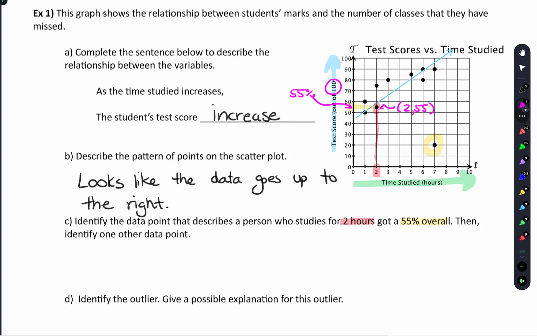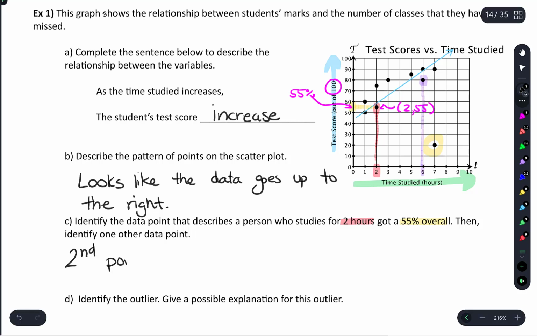Now let's identify another point somewhere on the graph. Let's say we want to pick this point right here. So we always move left and right first. So let's figure out how far we went along the horizontal or the x-axis. So here I have 6. If I go right up from 6, I run straight into that point. So we have that our second point is at 6 hours.